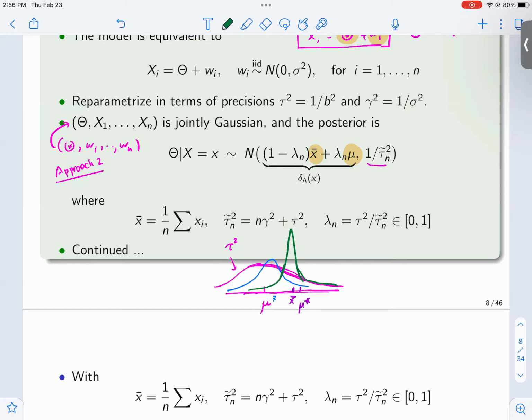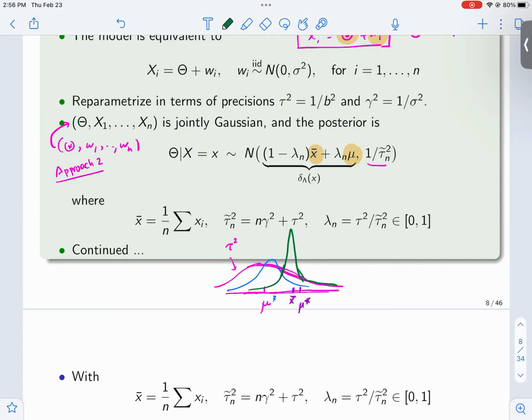You can see the posterior concentrates in the sense that the variance goes down. And so it achieves both, and that's why Bayesians like their approach, because it also gives you uncertainty quantification, how uncertain you are. Originally, you were quite uncertain because maybe your prior was like this.